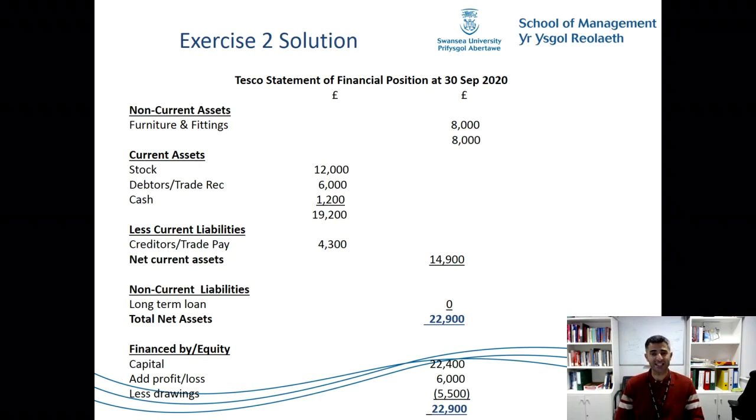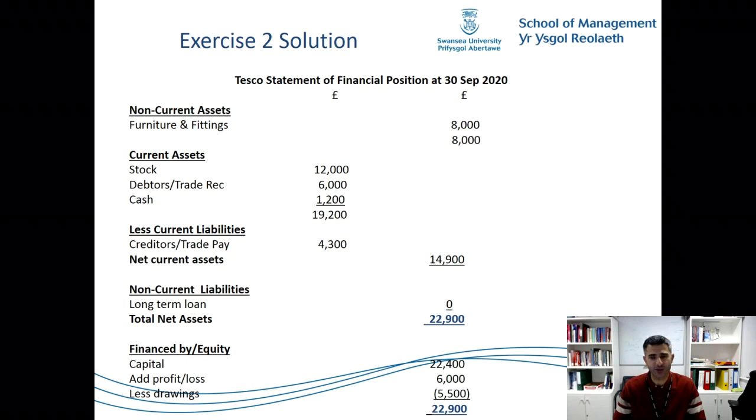Net current assets, if you remember the formula, equal total current assets minus total current liabilities. Total current assets equal £19,200 minus £4,300. So that equals £14,900. It's net current assets.